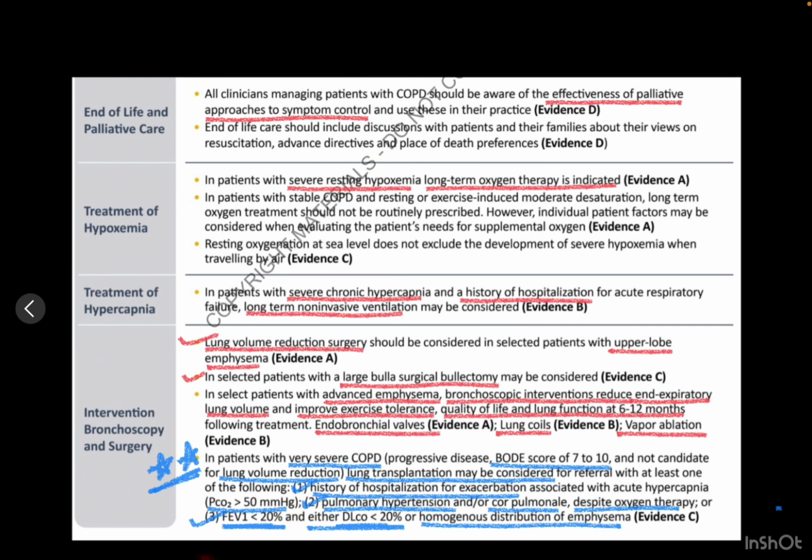Second, pulmonary hypertension or cor pulmonale despite oxygen therapy. Third, FEV1 less than 20% and DLCO less than 20%, or homogeneous distribution of emphysema. If one of these three things is present, then we should consider the patient for lung transplantation.